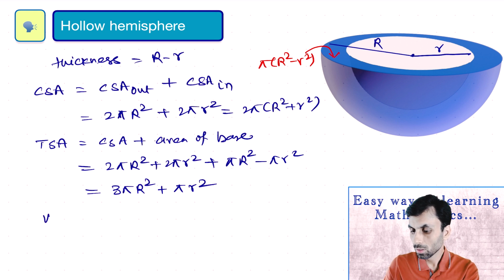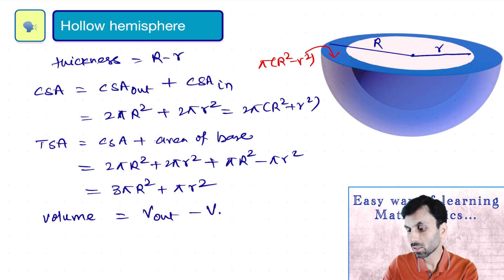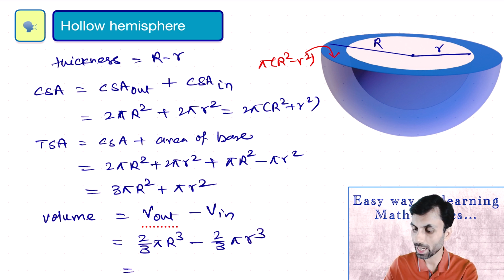Next, volume of hemisphere in this case will be the outer volume minus inner volume. So outer volume of hemisphere, which is hollow, will be 2 by 3 pi capital R cube, and the inner volume will be 2 by 3 pi small r cube, which can also be written as 2 by 3 pi into R cube minus r cube.